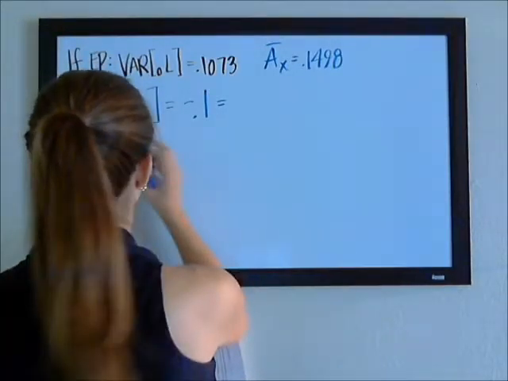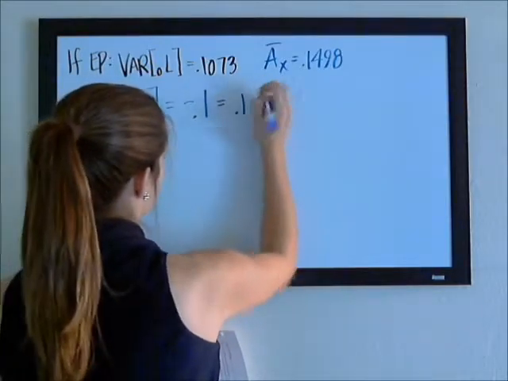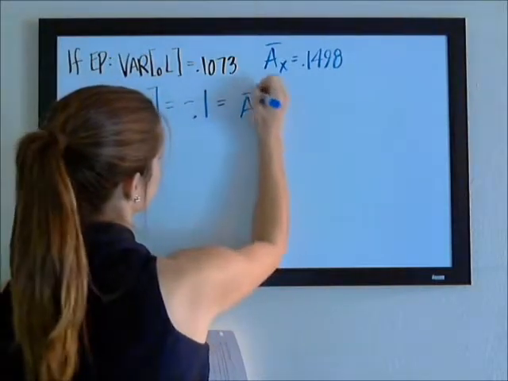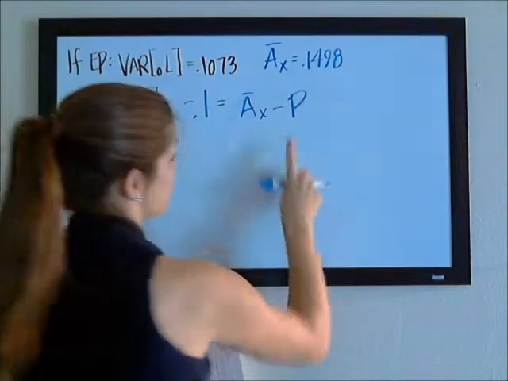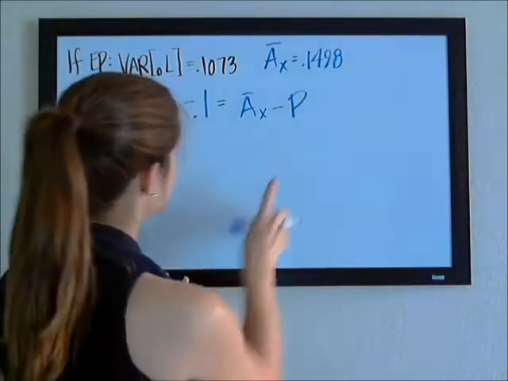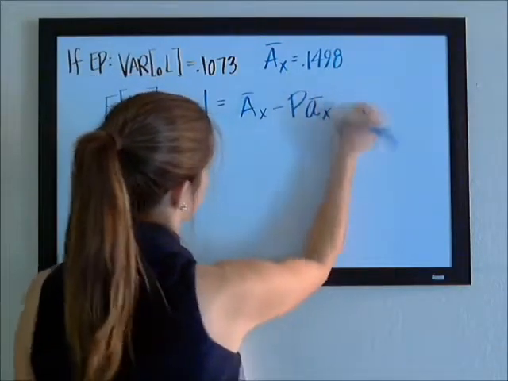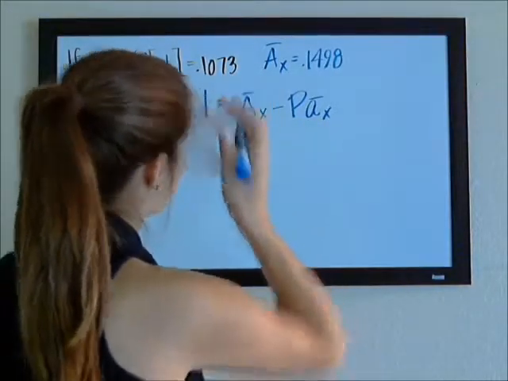So the expected value of our loss at issue will be the actuarial present value of the insurance minus, they told us that the actual contract premium is P, so I'll use P. So it's the insurance less the present value of the premiums that you bring in, which is going to be P times our annuity.